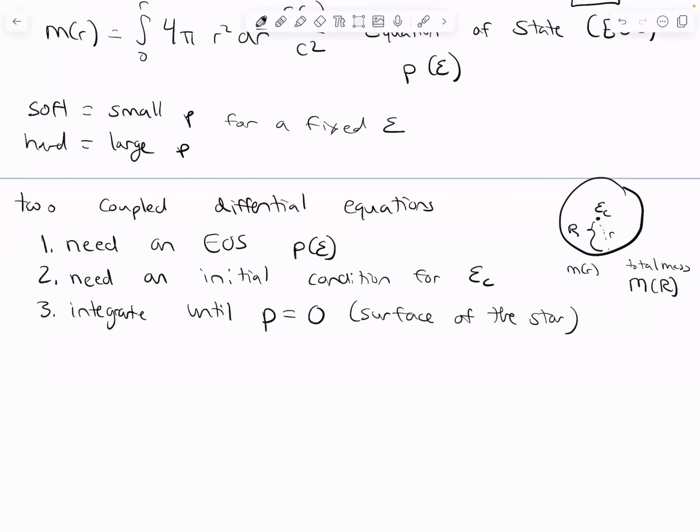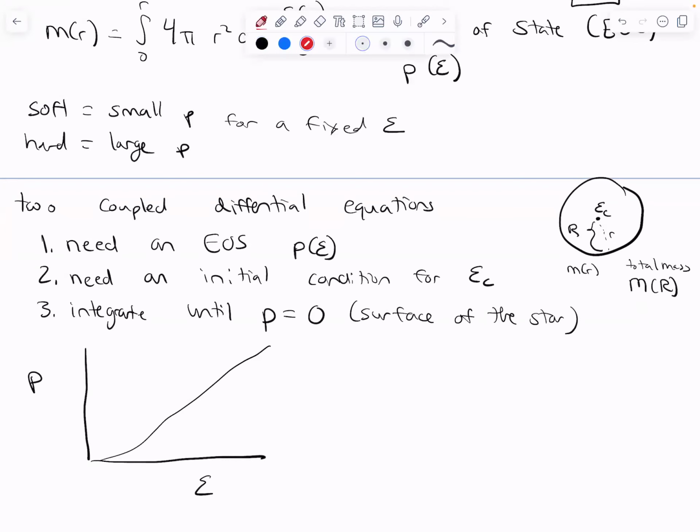Okay. So just to give you an idea of how this process works, imagine I have some equation of state, a relationship between P versus epsilon, and that looks like this. Then what I want to do is start and integrate here.